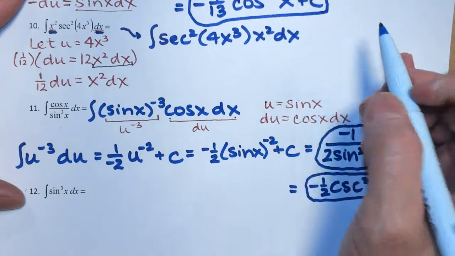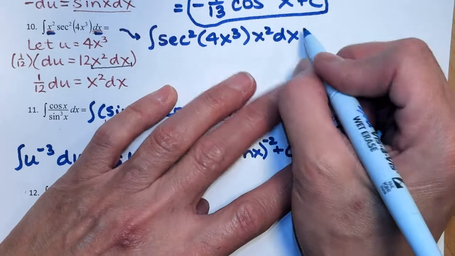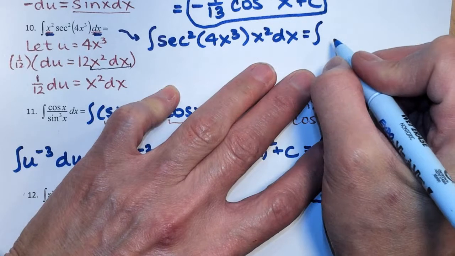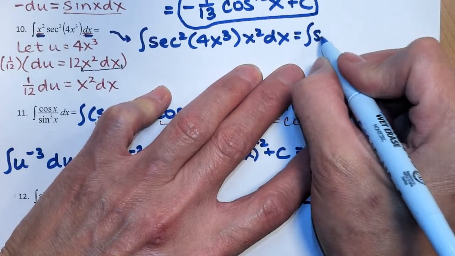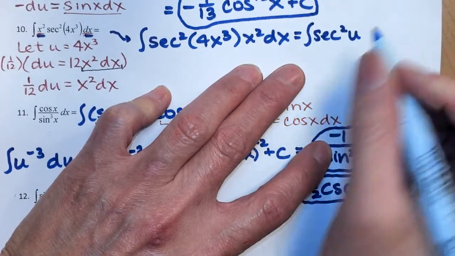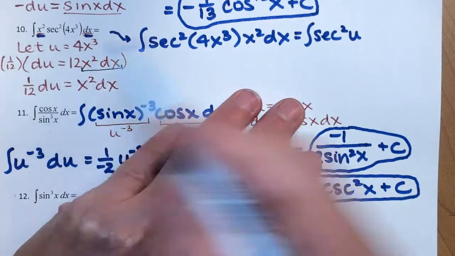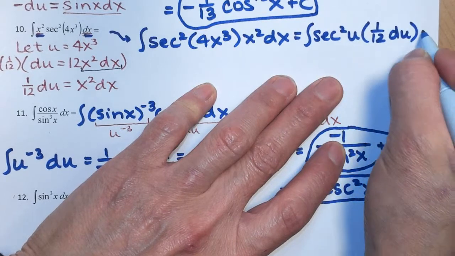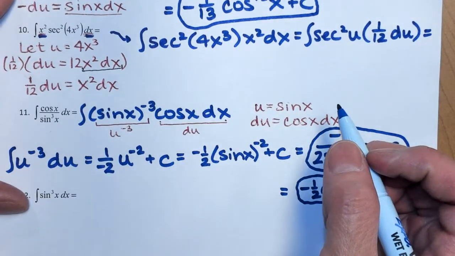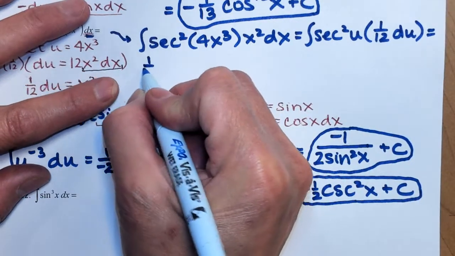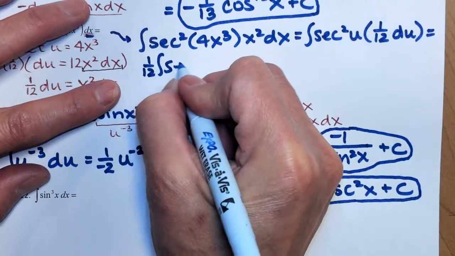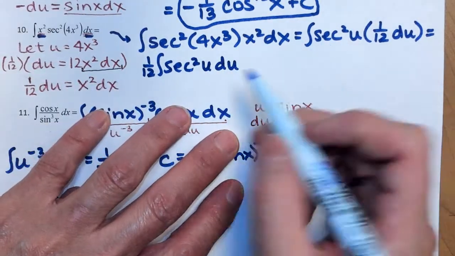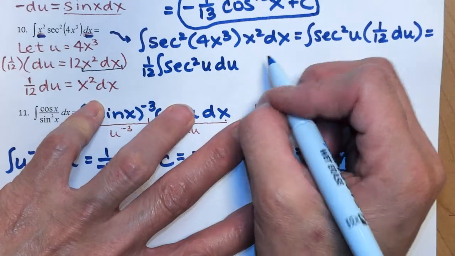So, back to my substitution. This is going to be secant squared u, and then this is 1/12 du. So remember I said I could take the 1/12 out, and I'm just integrating secant squared u du. And secant squared u is the derivative of tangent u.